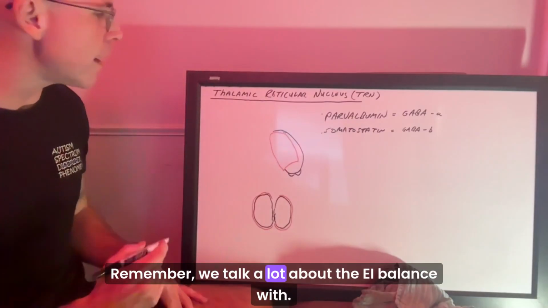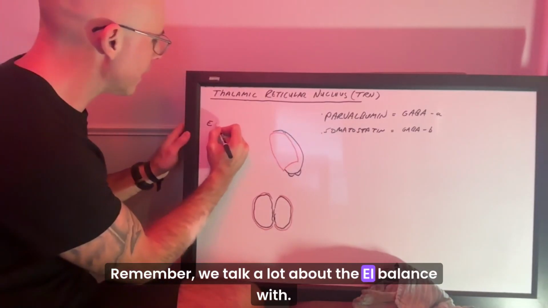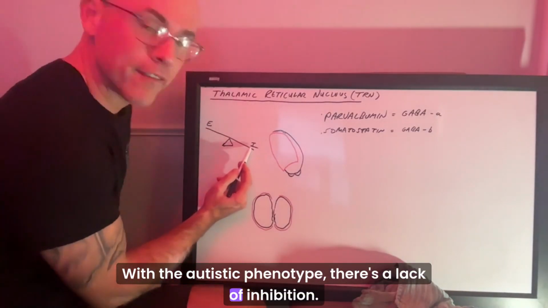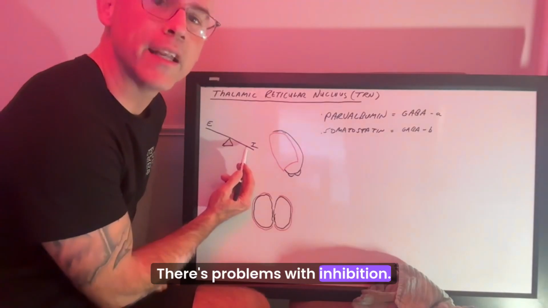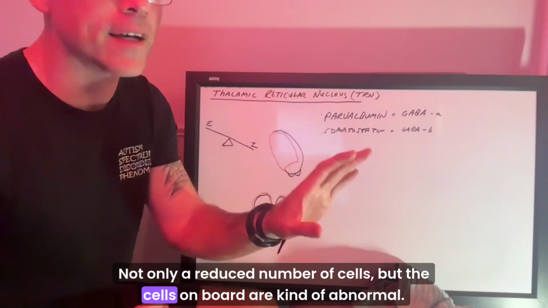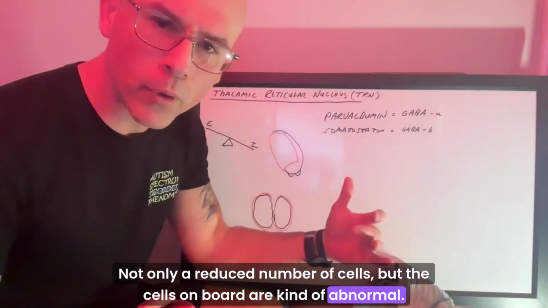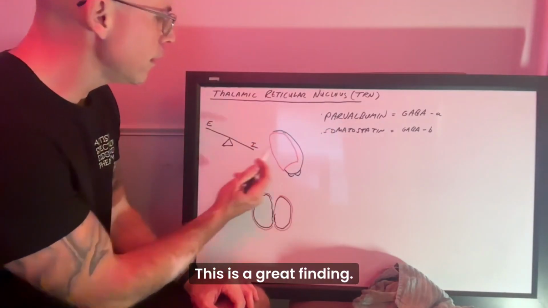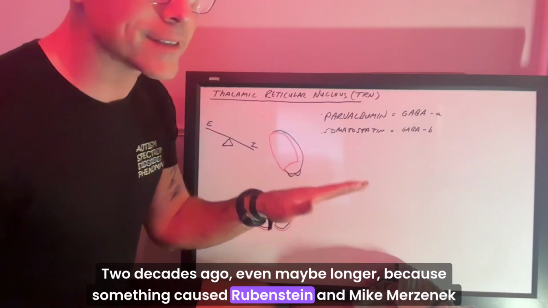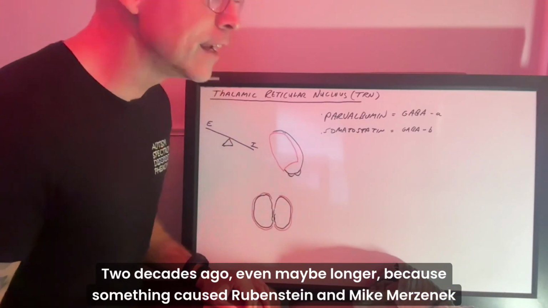Remember, we talk a lot about the EI balance. With the autistic phenotype, there's a lack of inhibition. There's problems with inhibition. Not only a reduced number of cells, but the cells on board are kind of abnormal. This was a great finding 2 decades ago, even maybe longer, because something caused Rubenstein and Mike Merzenich to study this.